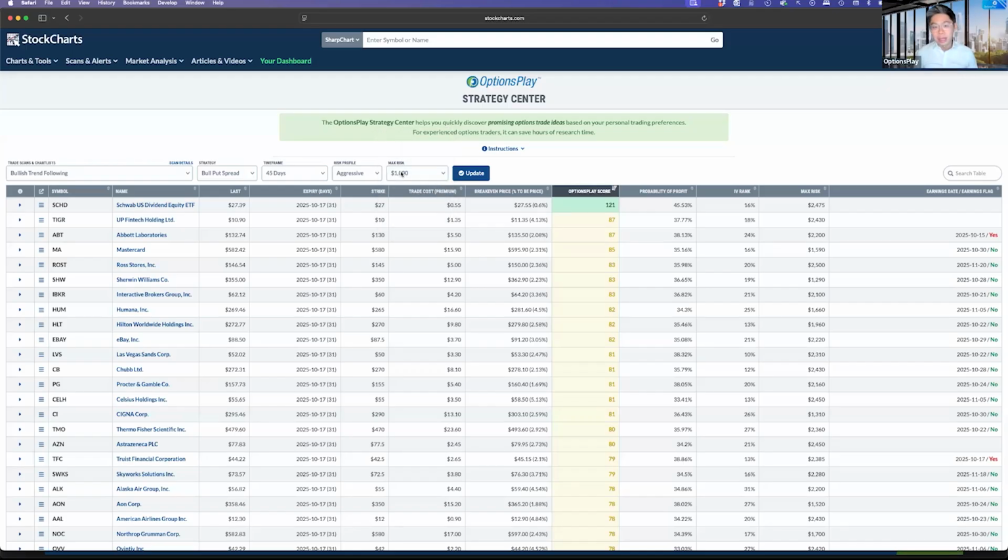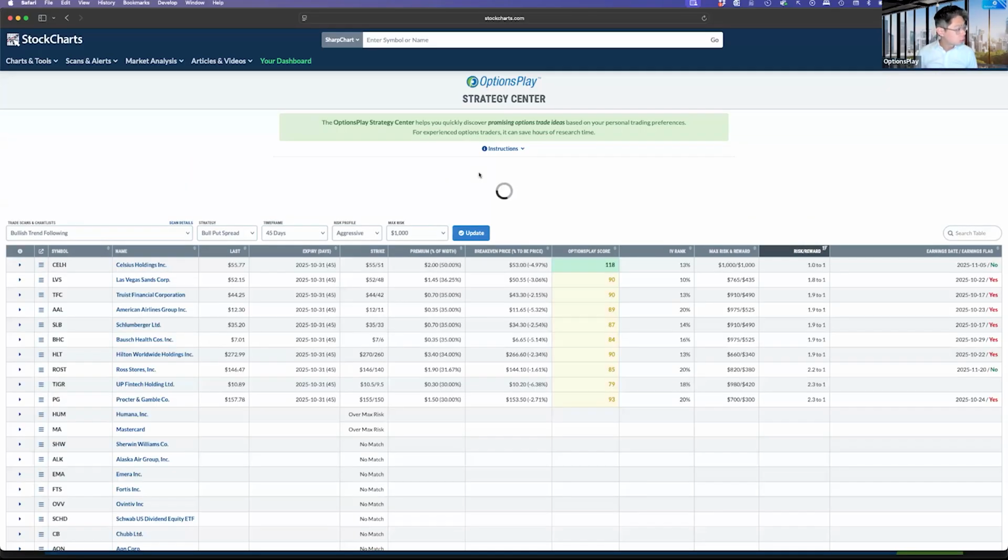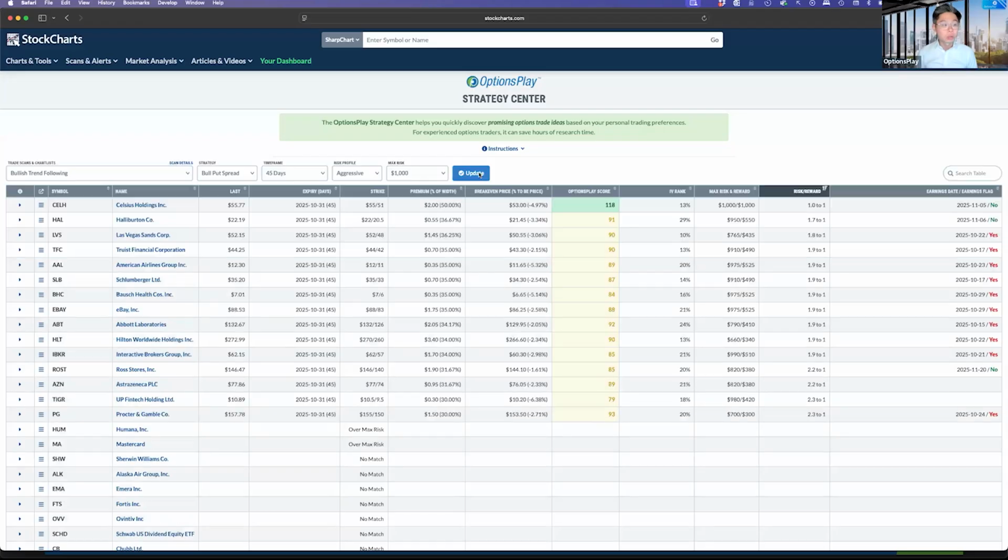So let's say I have a $50,000 account for hypothetical reasons, and I'm going to select $1,000. I'm going to click on update, and this tool is going to find me in real time all the stocks that have generated that buy signal today and have credit spreads that generate more than 33% of the width.